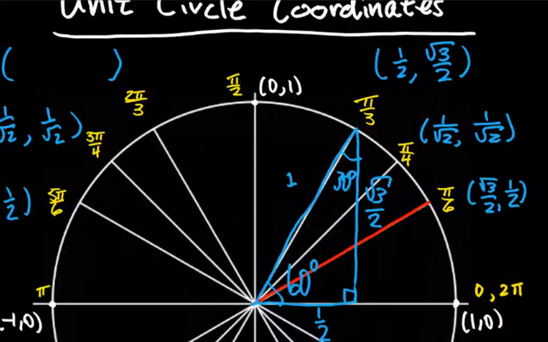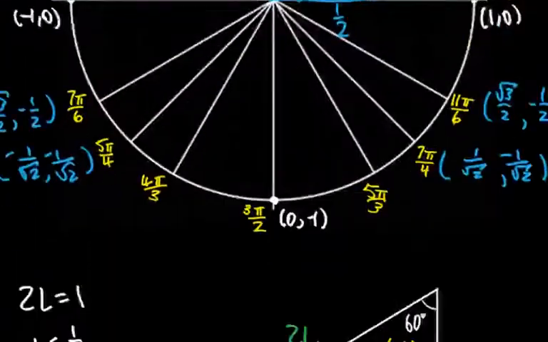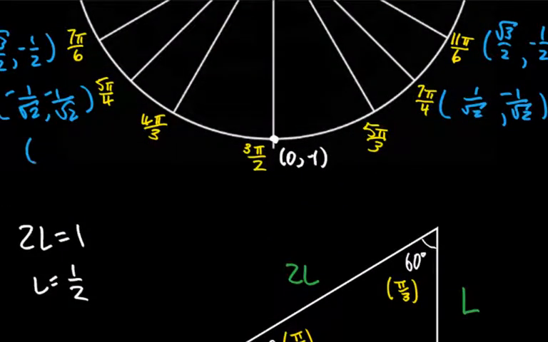The x and the y switched. The height and the length, base, whatever you want to call it, switched. So you're going to have these coordinates at all the pi over 3s. It's just you're going to change the negatives and positives depending on which quadrant you are in.